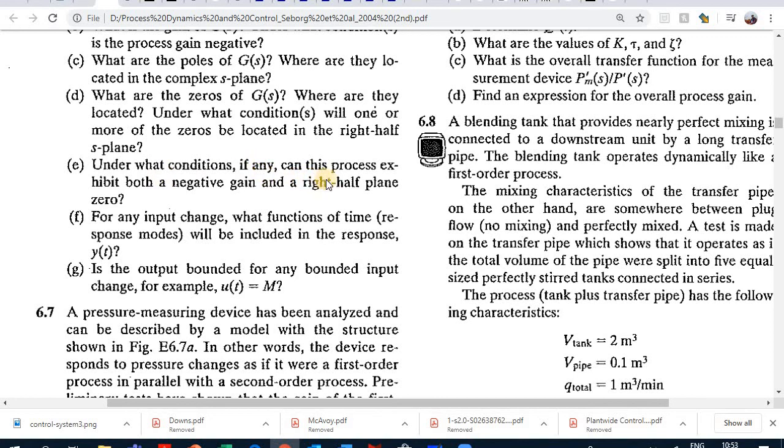So, a negative gain, K1 less than 0, and a right half plane zero. That is possible if K1 tau plus K2 is greater than 0, and that is the only possibility that you have.